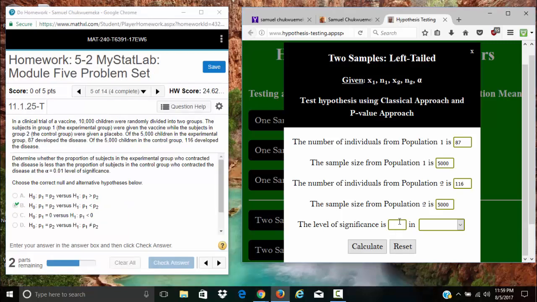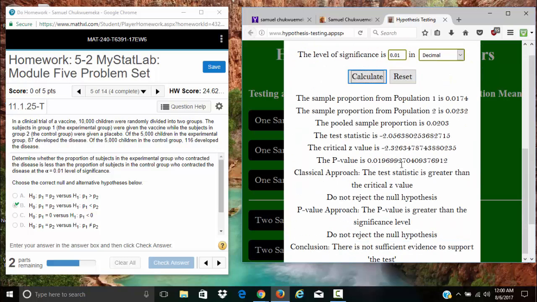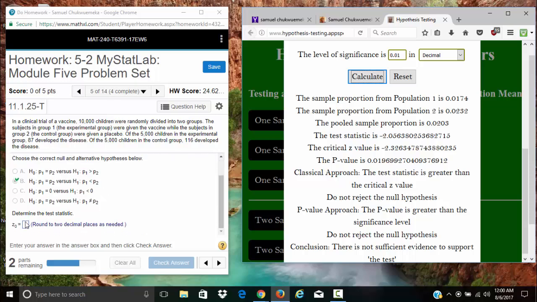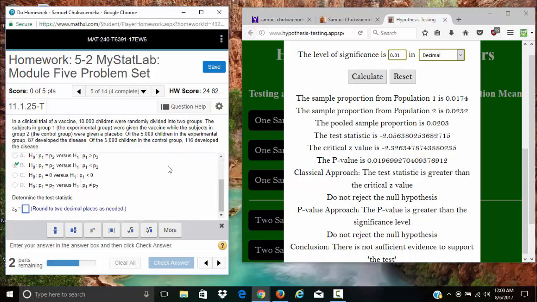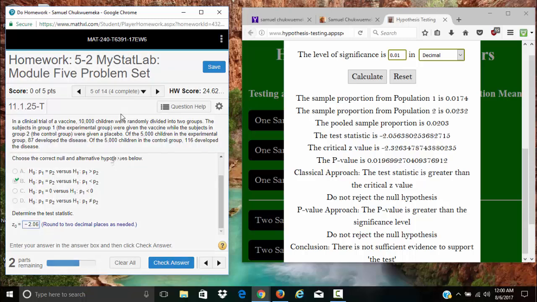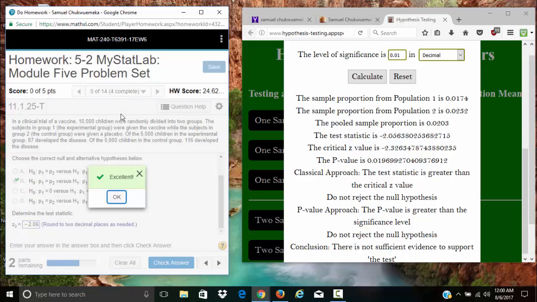So 0.01 in decimal. Okay, calculate. So the test statistic is negative 2.06. Okay, negative 2.06.